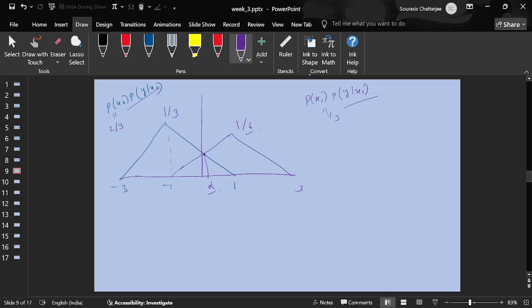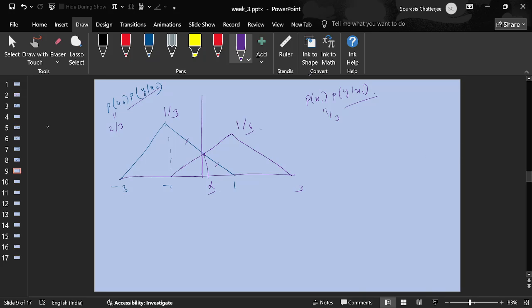So basically when the received signal is less than alpha, I'm going to decide in favor of x naught. Sorry, when the received signal is more than alpha, I'm going to decide in favor of x1, or otherwise it's x naught. And how do I find the intersection point here? Equate both the expressions.